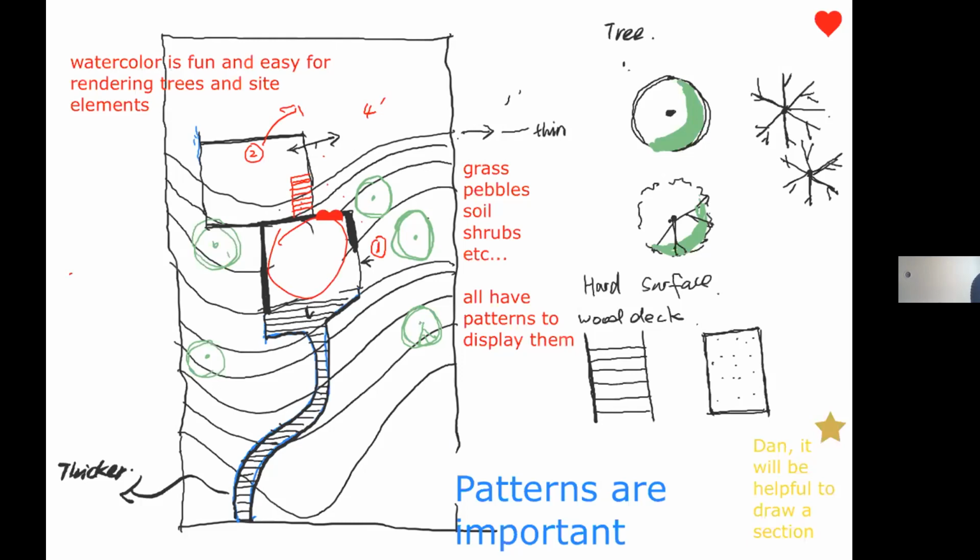So in section, between my outdoor space right here and my building right here, the change in level will be 4 feet. Each step of my stair would be half a foot, which is only 6 inches, so I need 8 steps.